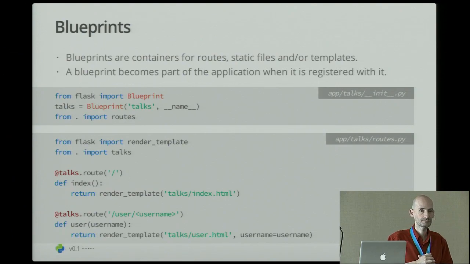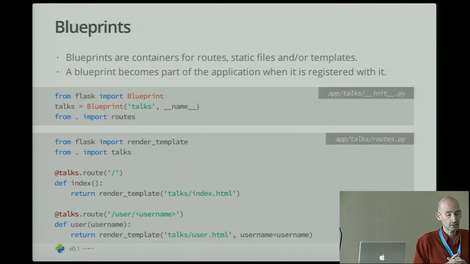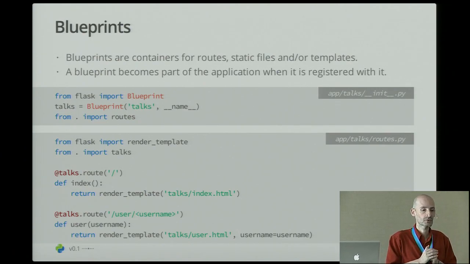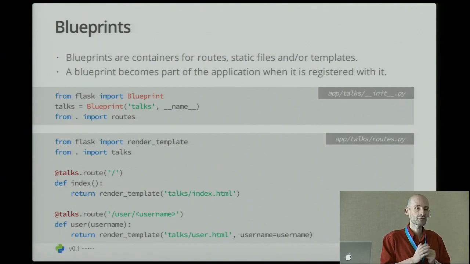Why did you say you didn't want to do the routes in the factory function? No, I didn't say that. When you have a single file script, with all your application in a single script, typically at the very top you declare the application instance. That's the instance of class Flask, what we call app.